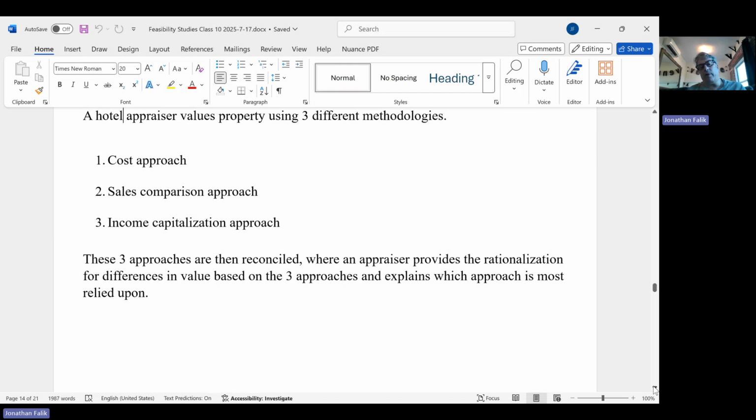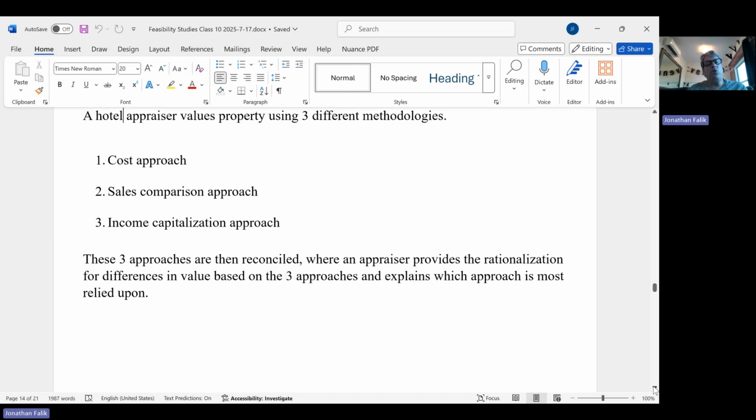And then the third approach is the income capitalization approach. Income capitalization approach has two different ways to do it. One is the cap rate approach, and we'll talk about that in a minute, and the other is the net present value or discounted cash flow approach.